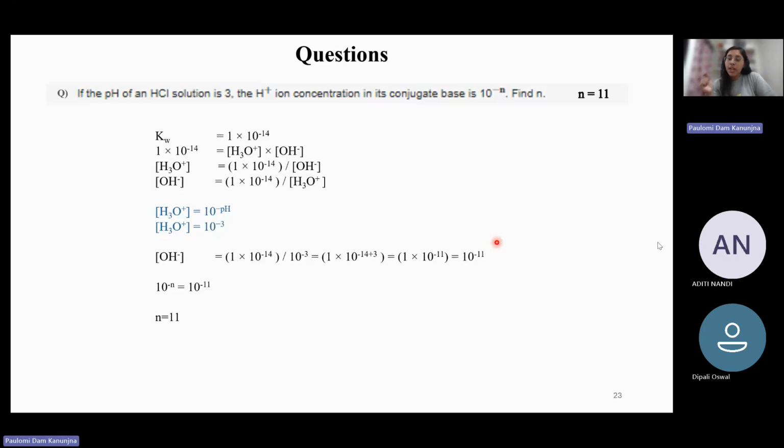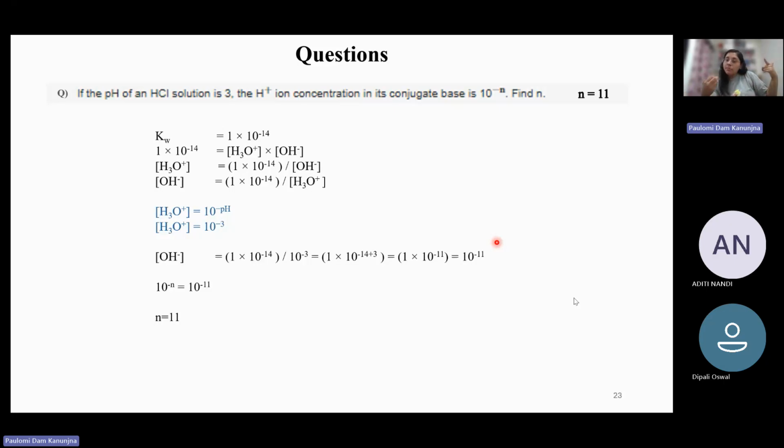That's not what it is, right? Minus n. So the minus sign you can avoid. We are asking you just about the n. So be very careful about what the question is asking you. If it's just asking n, just report the n values. Let's say you had minus 3 and minus 4 as the answers, but your answer should have been 3 and 4, not minus 3, because I'm asking you n. So the formula says 10 to the power minus n.